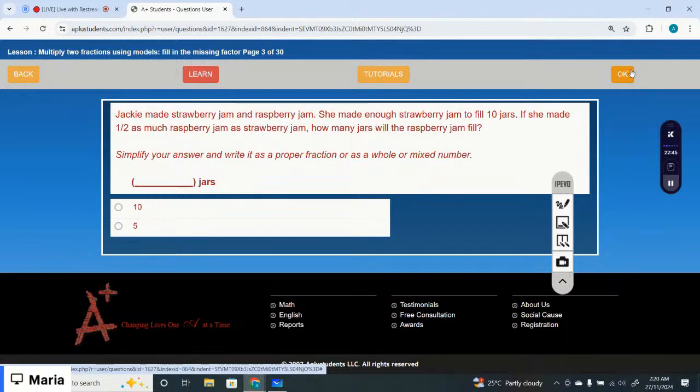That is 1 by 2 times 10, so the correct option is 5.